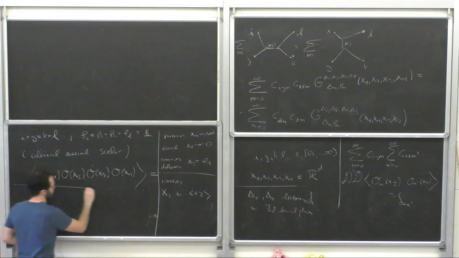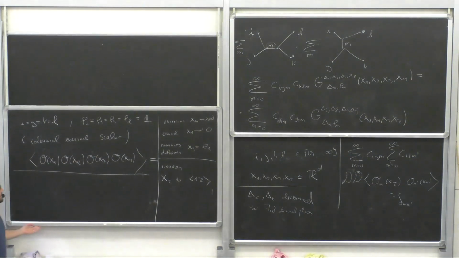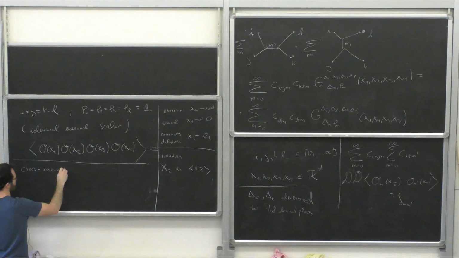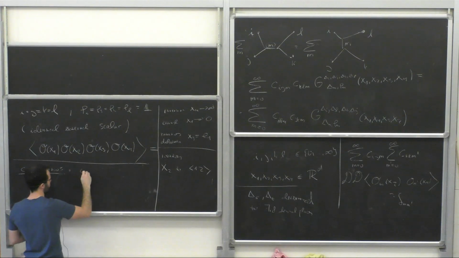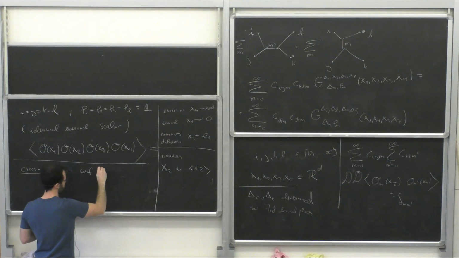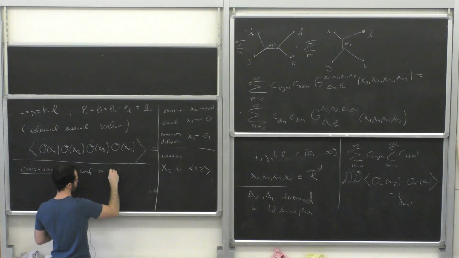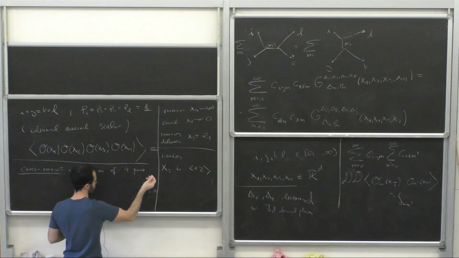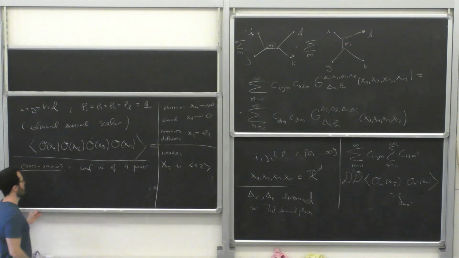Okay, well, there's a nice way to parameterize these coordinates, which is called cross ratios. So cross ratios are the conformal invariants of 4 points. So 3 points have no non-trivial invariants, but 4 points do.